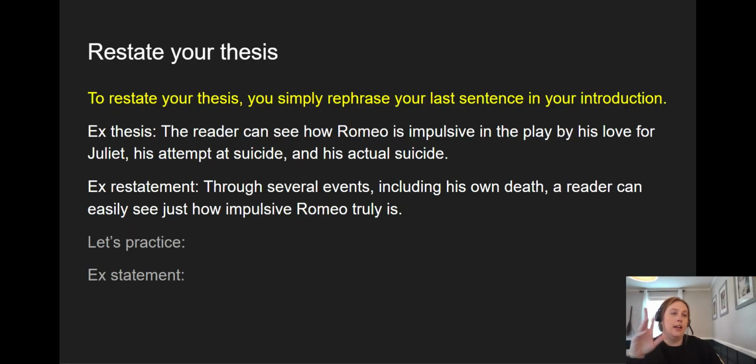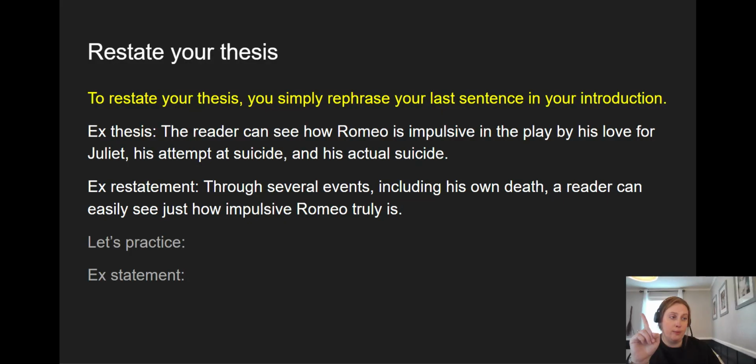Now let's talk about how to restate your thesis in your conclusion. When you restate your thesis, you're just rephrasing the last sentence. So let's say this is our first thesis: the reader can see how Romeo is impulsive in the play by his love for Juliet, his attempt at suicide, and his actual suicide. Let's just say those are our three main points from our first thesis. By the time you get to your conclusion, you're restating all of that. You're not introducing anything new.